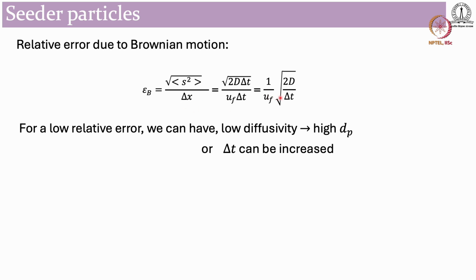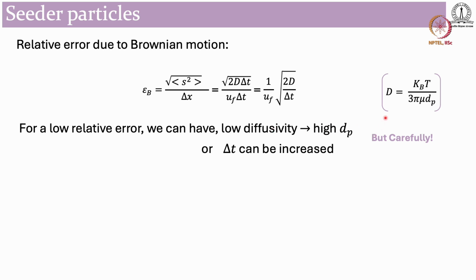Otherwise we can have a larger delta t, which is again very subjective, because normally this delta t depends on your flow, and it cannot be randomly increased or decreased. So again there is a trade-off which one has to consider, in case you want to keep this relative error very small.